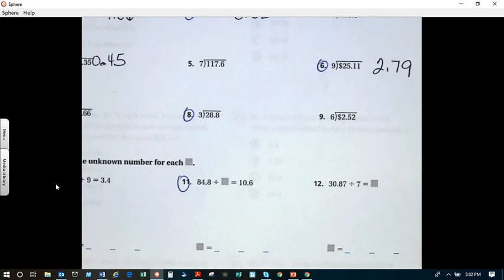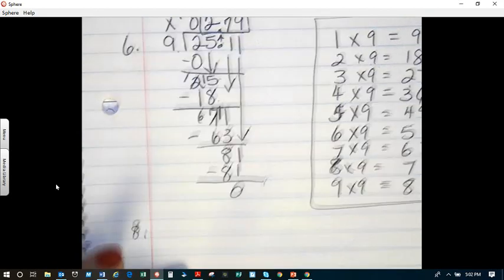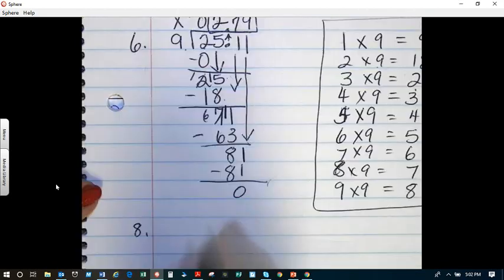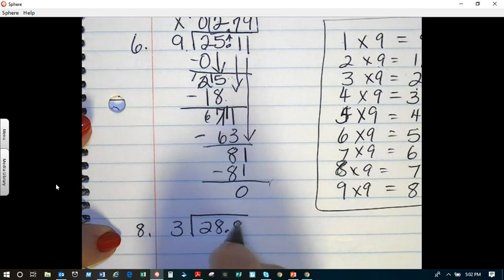So 3 goes into 28 8/10. This is number 8. And what did I say it was? 3. 28 8/10.